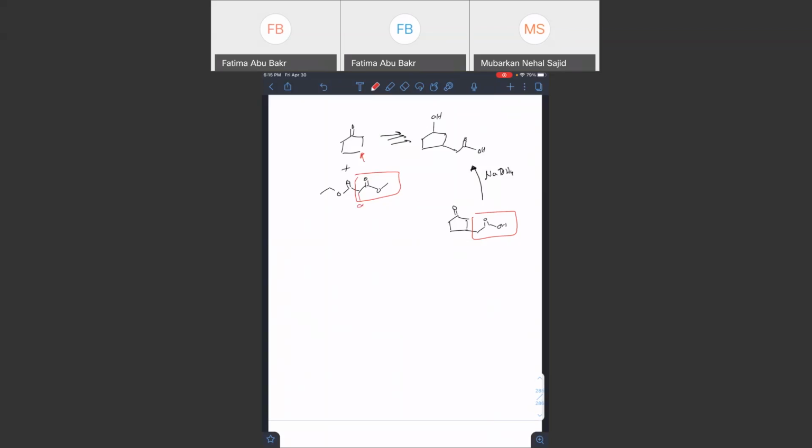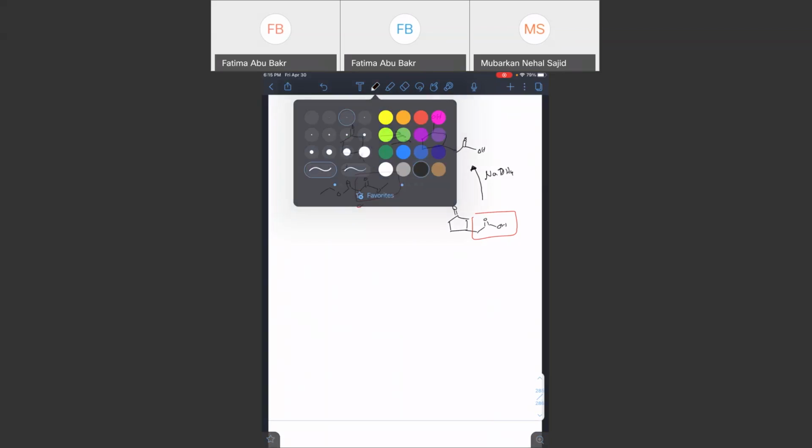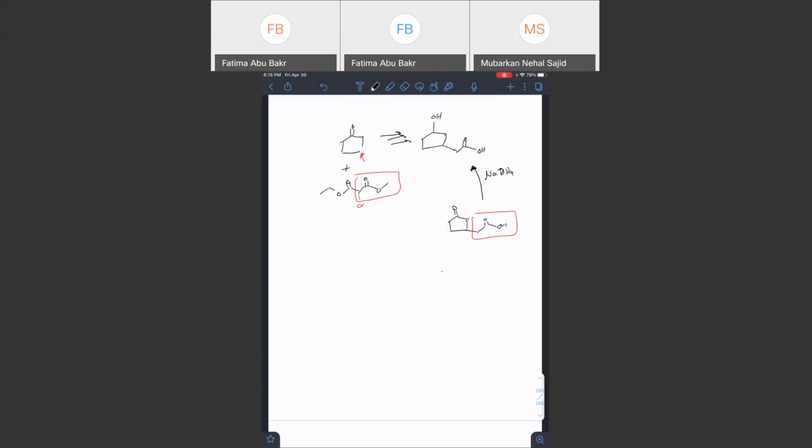And then we just have to cut off one of the acids, and then turn the ester into an acid. So this could come from something like this, where you have the alpha hydrogen attacking here, and just have that on each side.